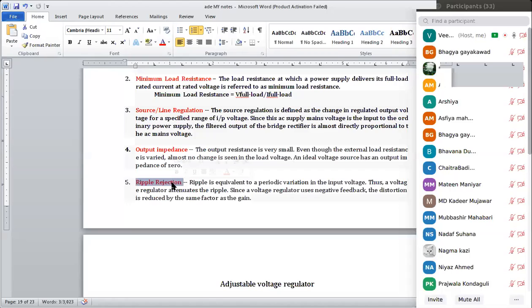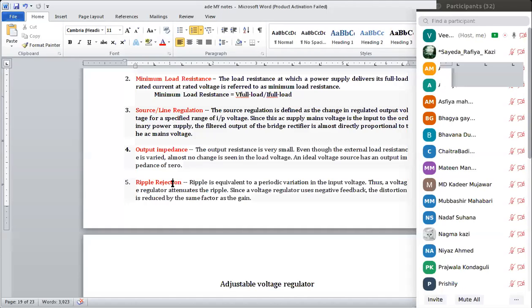Then ripple rejection. Previously we said there are filter circuits. That filter circuit removes the AC components. This ripple is equivalent to the variation in the input voltage. If the input varies around 200 volts, 180 volts, then goes to 230 volts, and again comes back to 150 volts, a fluctuation in the input side causes a change in the output side. So that should be rejected.